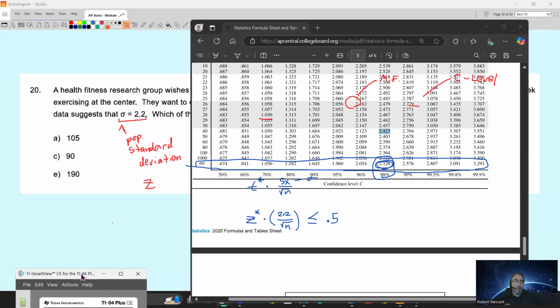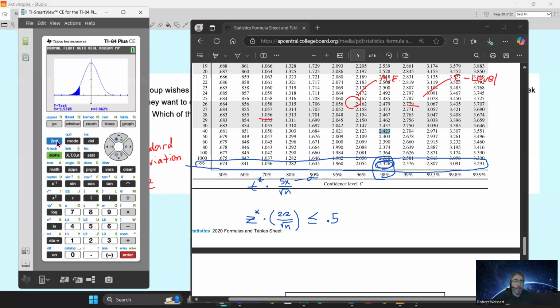But if you prefer to use your calculator, you will use inverse norm. Now, inverse norm, remember, has a center option. If you're defaulting to the left, then you'll have to do what you do with the t-distribution, where you average that with 1. Keep it at 0 and 1. So you can do that here and get 2.326 that way.